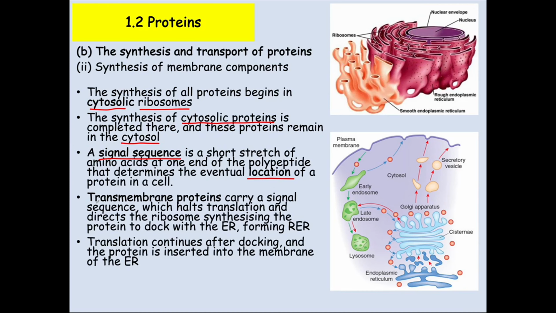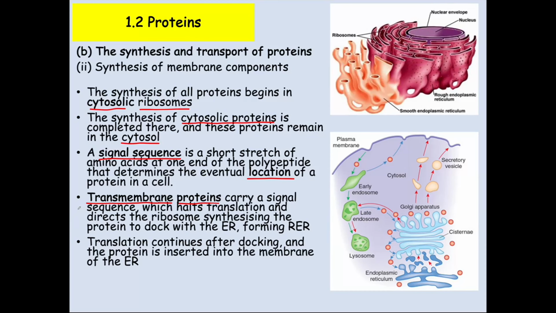Now we have, as well as cytosolic proteins, another group called transmembrane proteins. Now the transmembrane proteins, as you can probably guess from the name, are eventually going to cross the membrane and leave the cell. So because of that, they will not remain within the cytosol to complete protein synthesis.